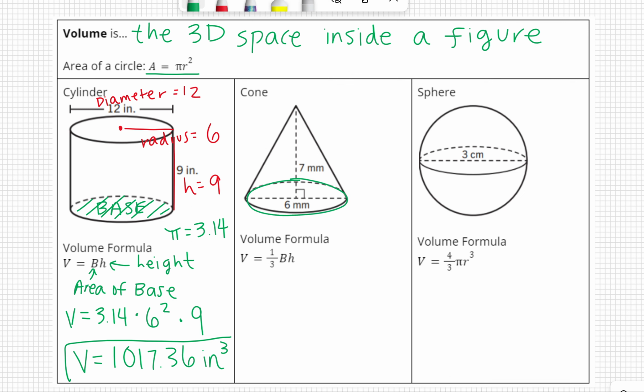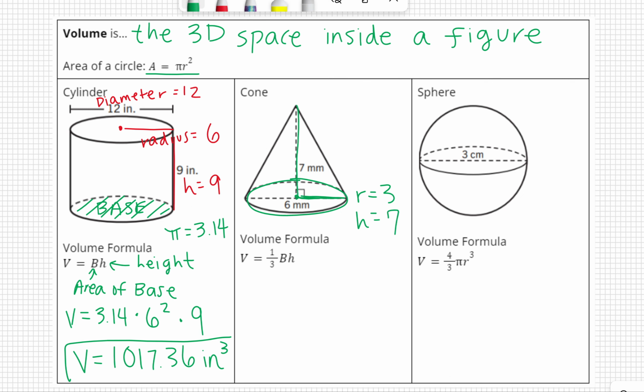I know that, and then the radius, which goes from the center of the circle to the edge, is going to be half of the diameter. So my radius is 3. My height, that's how tall it is. So from the ground to the top is 7, so my height is 7.